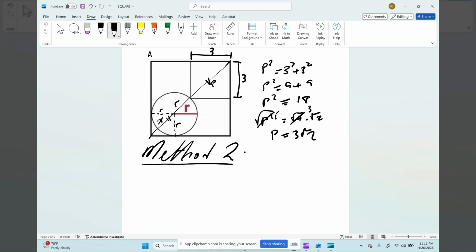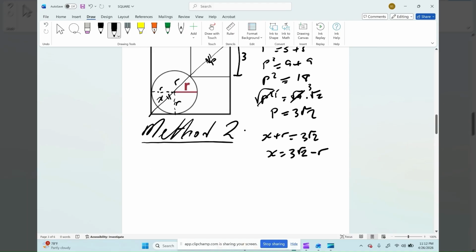Now, if these two lengths are equal, then that tells me that x plus r is also equal to 3 square root of 2, and x has to be equal to 3 square root of 2 minus r. Now, let's concentrate again on this small square here where we have r and x.